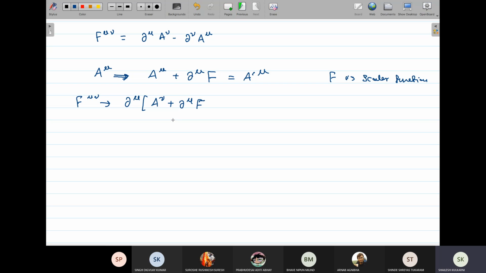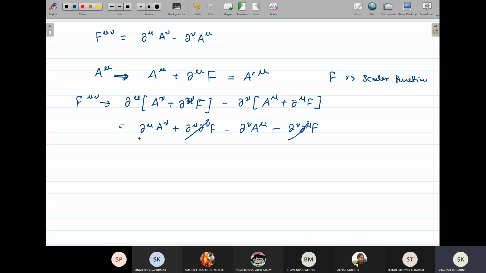Minus del_nu A_mu, where A_mu goes to A_mu plus del_mu F. So this is equal to del_mu A_nu plus del_mu del_nu F minus del_nu A_mu minus del_nu del_mu F. This term cancels with this, and again I recover my same field strength tensor.